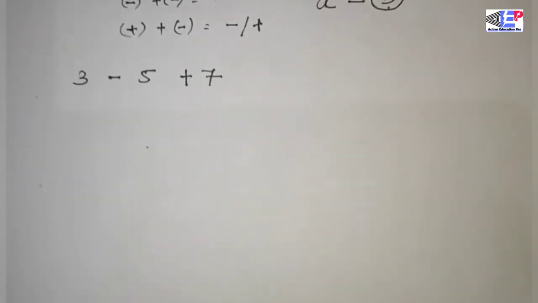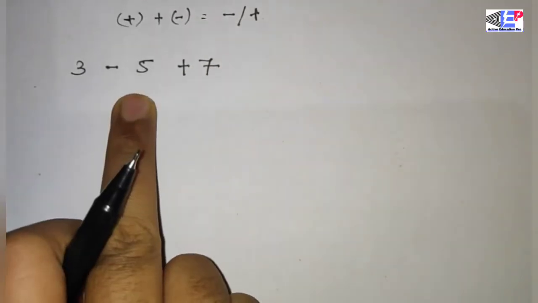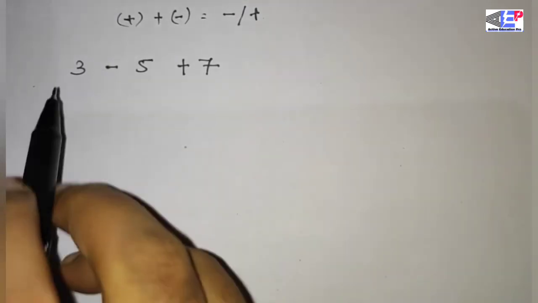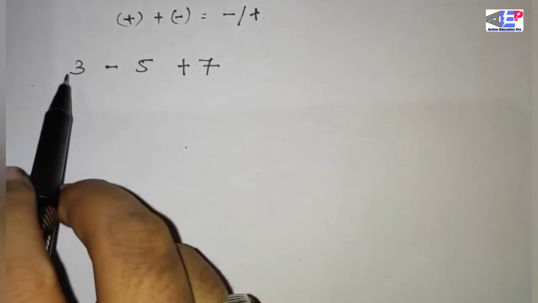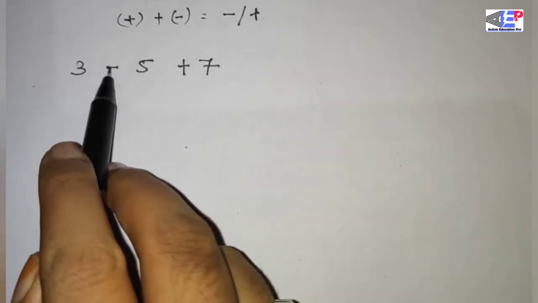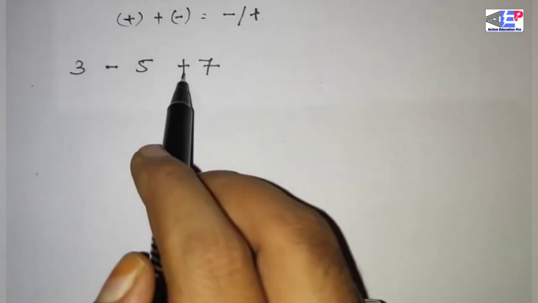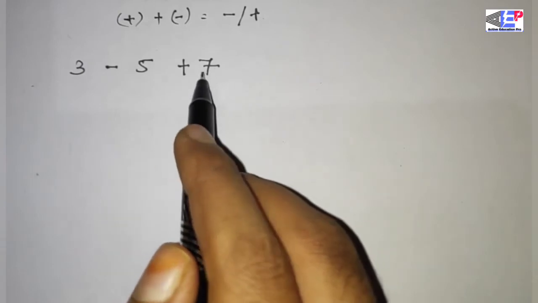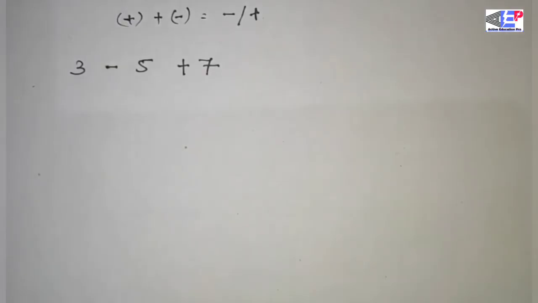Look here, the first example is 3 minus 5 plus 7. There are three integers: 3, with no sign, means it is a positive 3; 5 with a minus sign, so this is minus 5; and then plus 7.